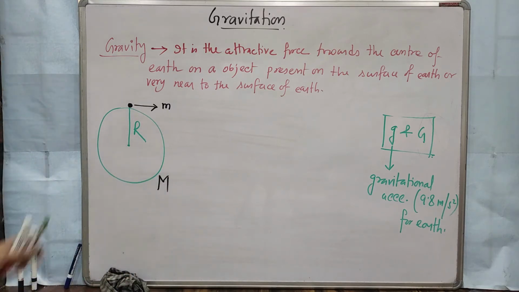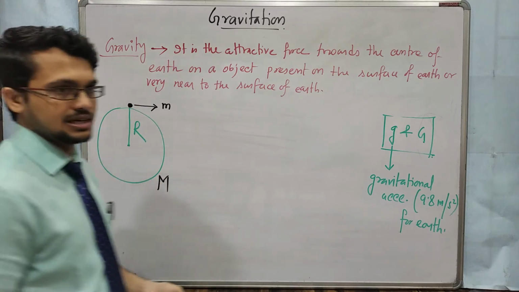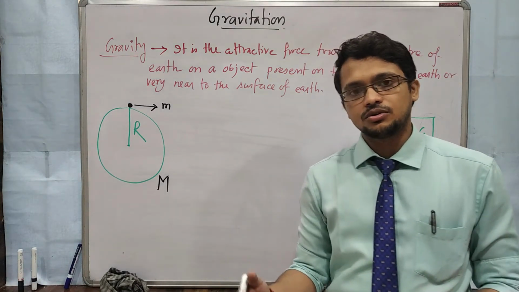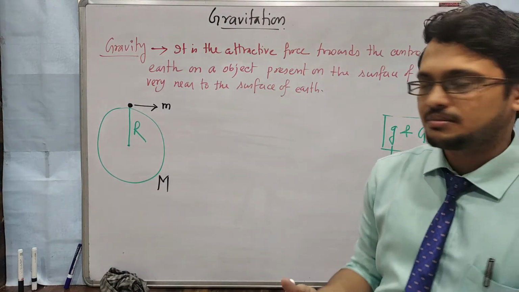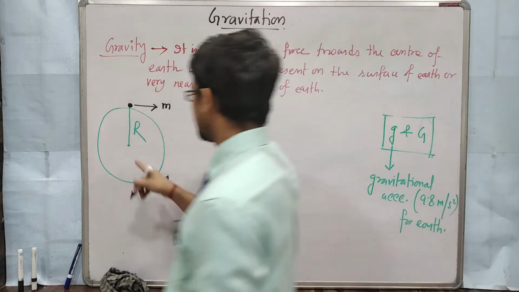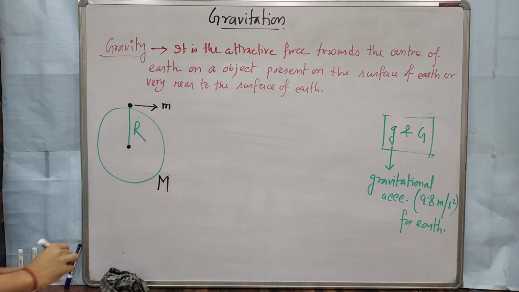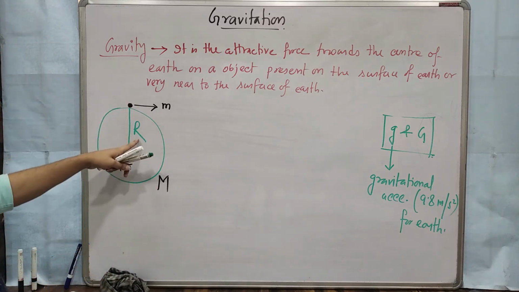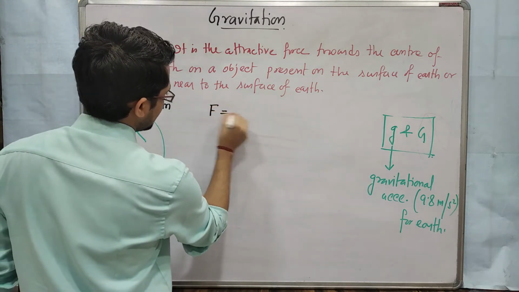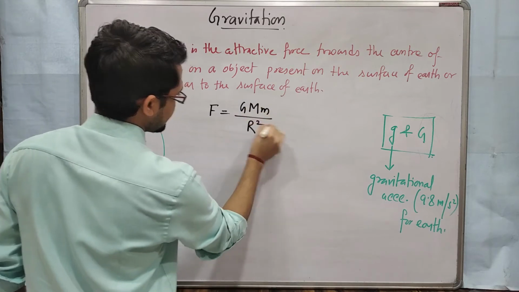So here are two objects. We are considering that the earth is a uniform sphere, so we can consider that its total mass is concentrated at its center. If we take this one as an object and this one as another mass, and the separation between them is R, then the force F equals G M m by R square.